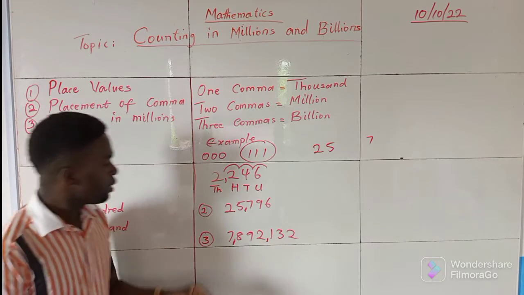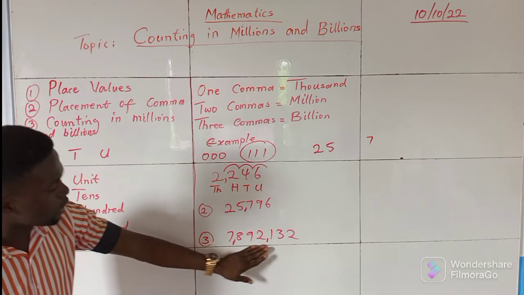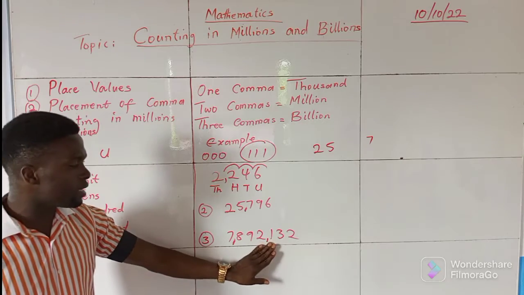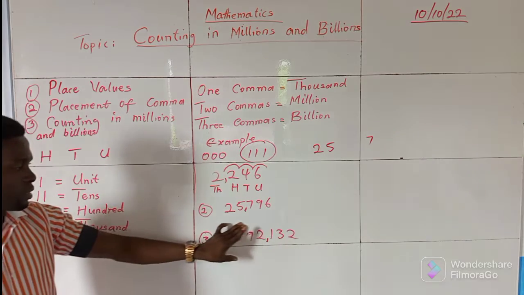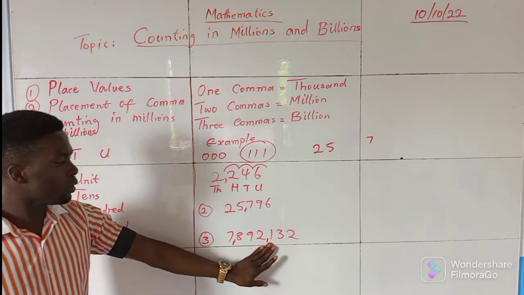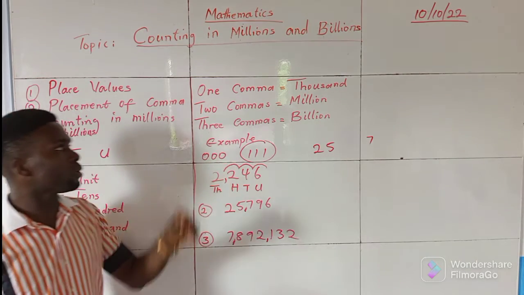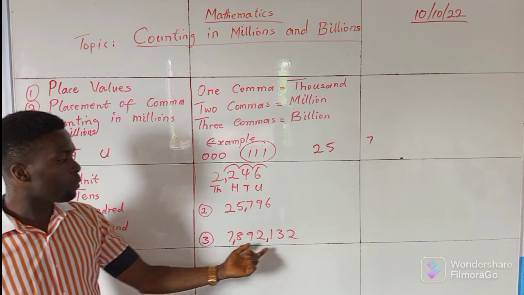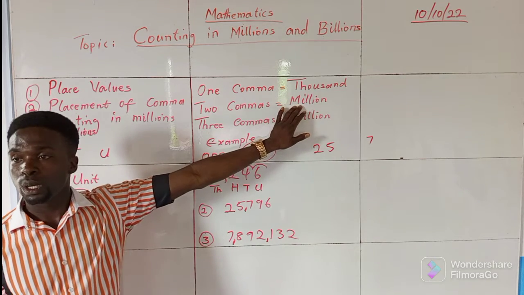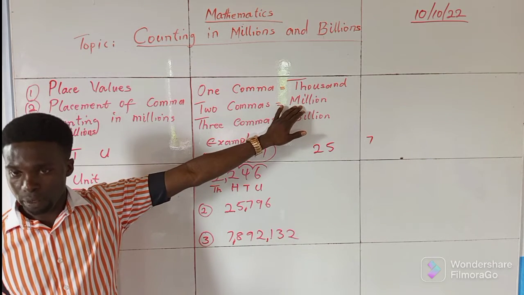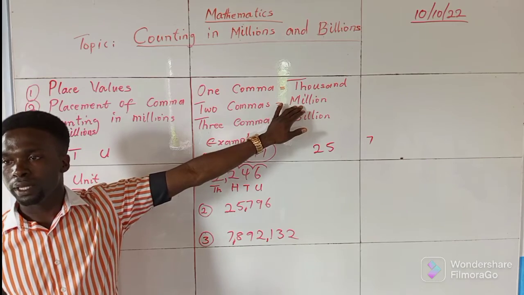But before that, you also check how many commas you have in this series of numbers. You have 2 commas, isn't it? And what did I say when you have 2 commas? It means that the numbers are up to what? Million. Are you following? The numbers are up to million.